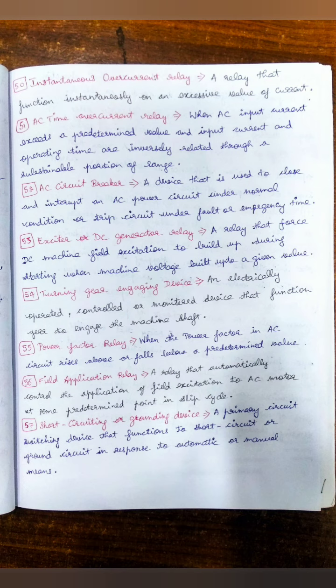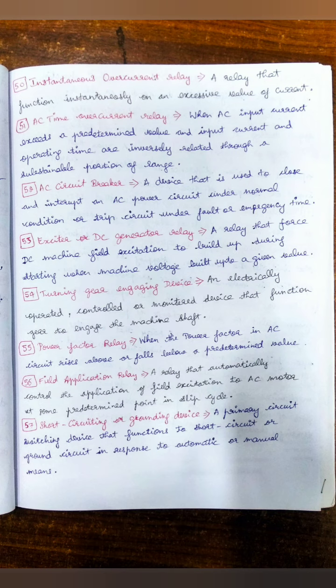The relay that forces a DC machine field excitation to build up when a machine voltage builds up to a given value. Next 54, turning gear engaging device, an electrically operated, controlled or monitored device that functions to engage the gear to the machine shaft.